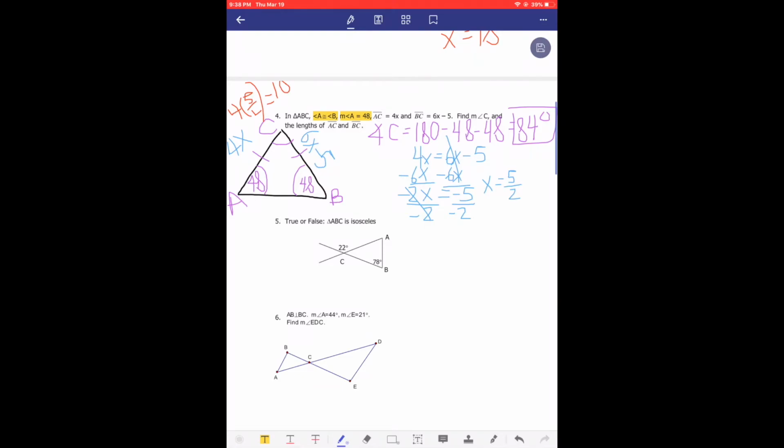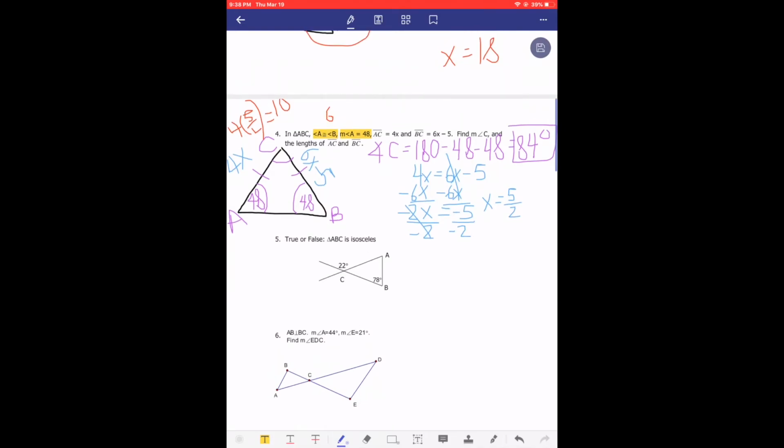And then you would do the same thing with the 6x minus 5. So I'm just going to put that up here. 6 parentheses 5 over 2 minus 5. And again, plug that into your calculator, you'll get 10. So you know that both of these sides are 10 and they are congruent, which makes sense because they are congruent sides.